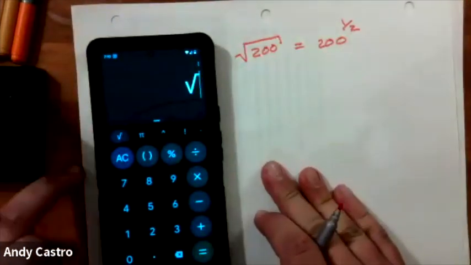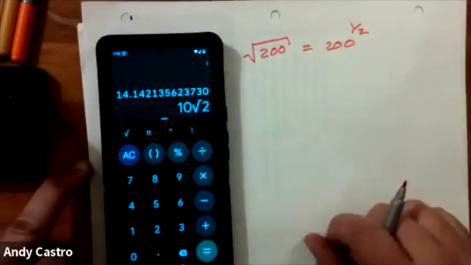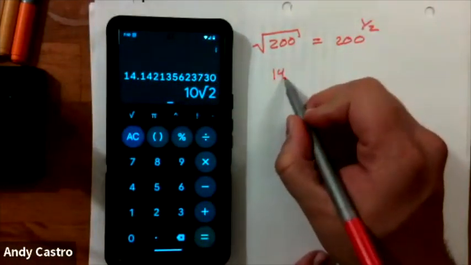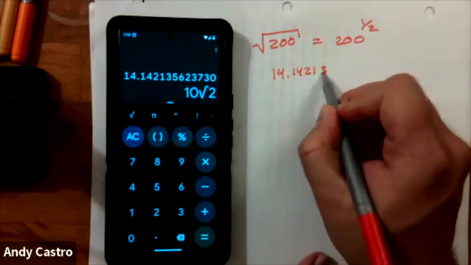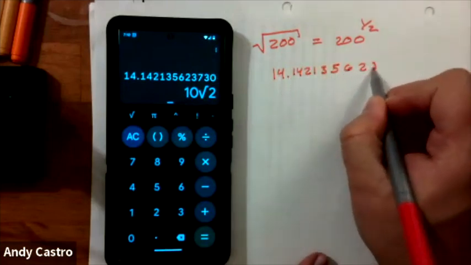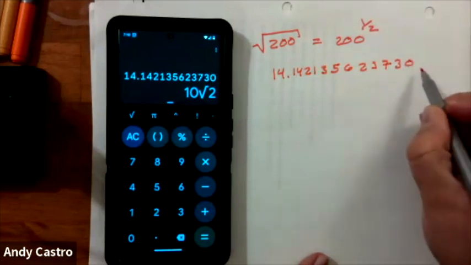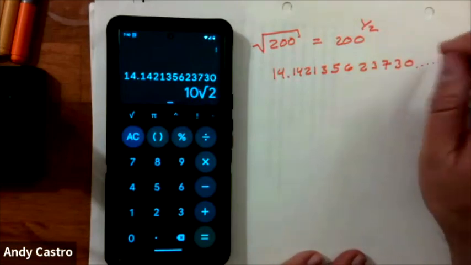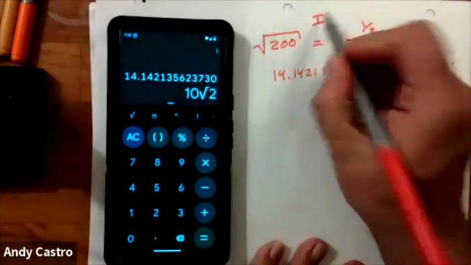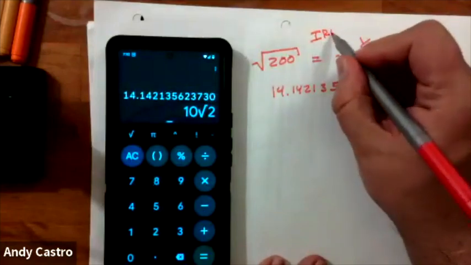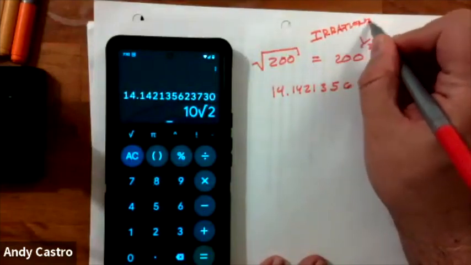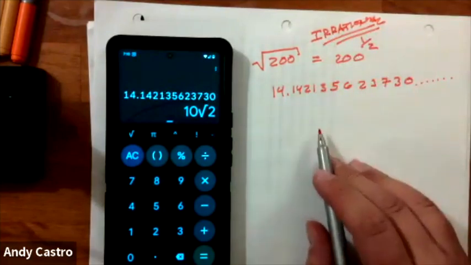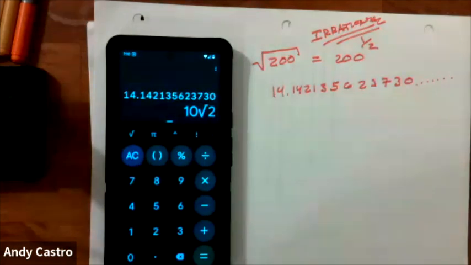If I did the square root of 200 and hit enter, you see that big long number? It's 14.1421356730, and if my calculator had more digits, it would keep going. It's an irrational number. This cannot be expressed by the ratio of two integers.